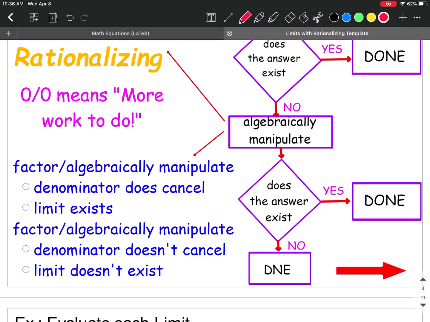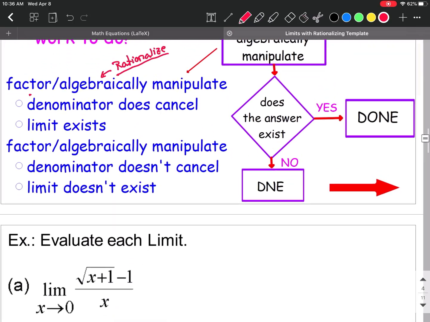Now remember that algebraically manipulate could be factoring. It can also be rationalizing. So that's what we're adding to that flow chart: rationalize.